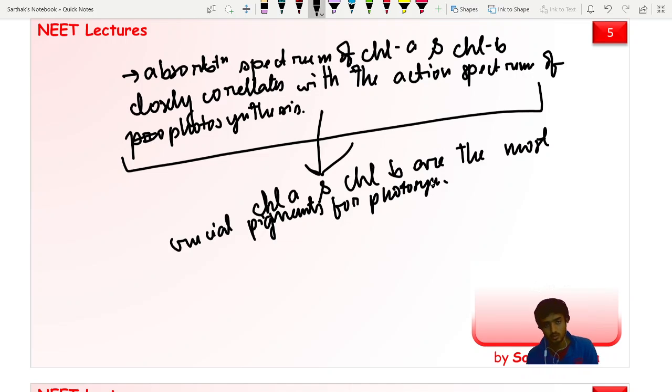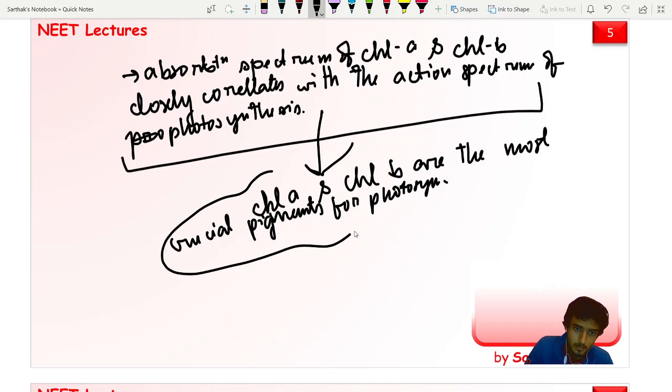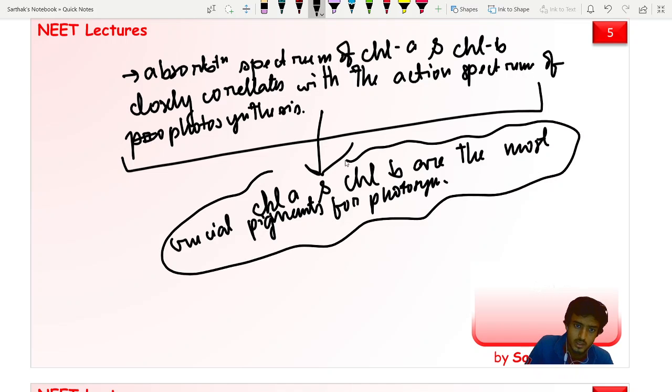This was the conclusion out of these two graphs, and this conclusion was made by T.W. Engelmann.